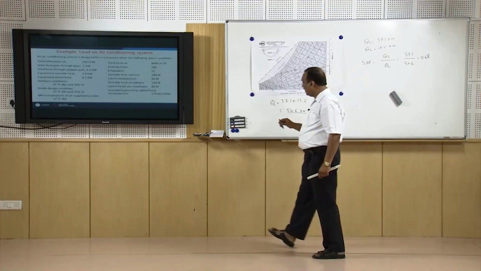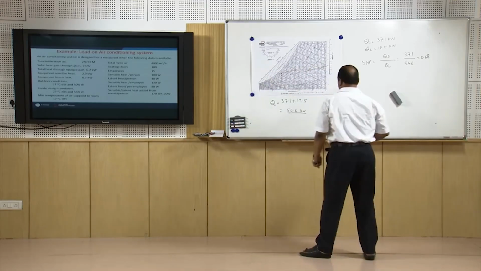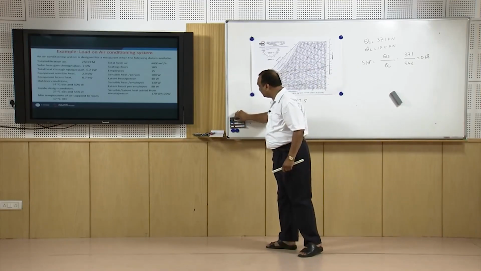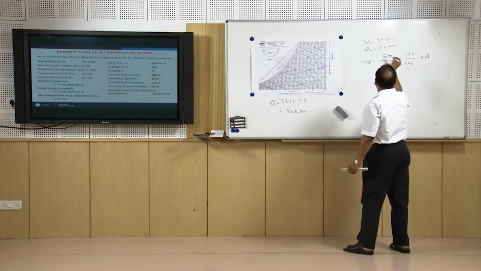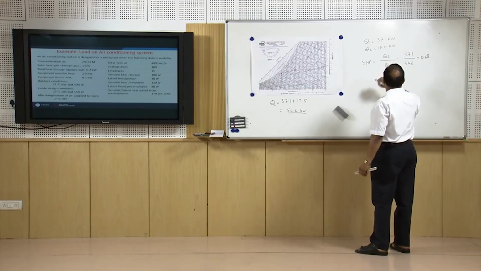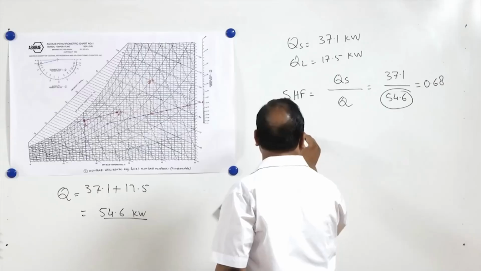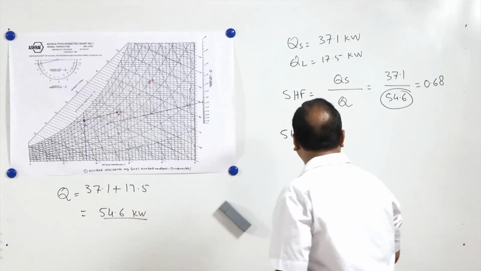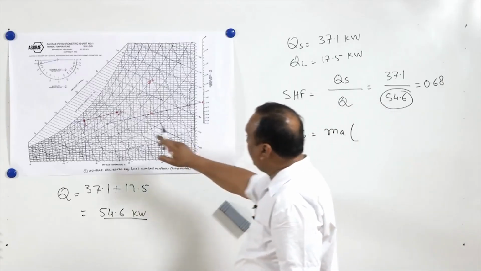In order to find how much air is required for cooling this room, we can use this total heat, 54.6. So 54.6 is equal to mass flow rate of air multiplied by HB minus HD.